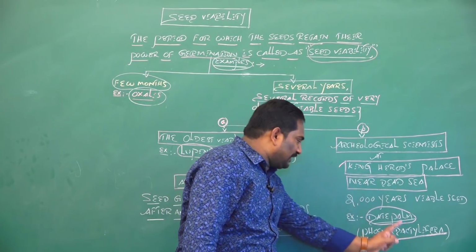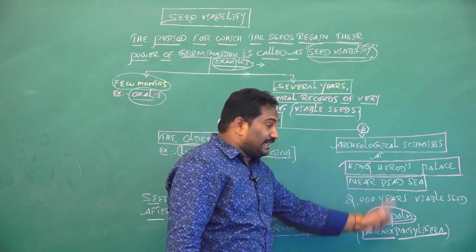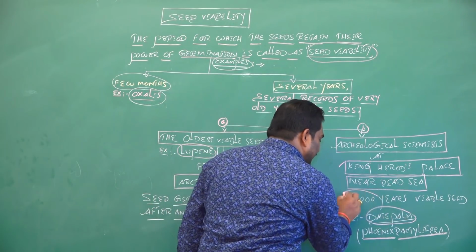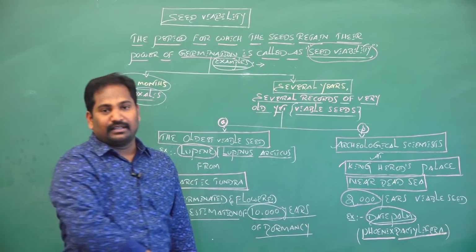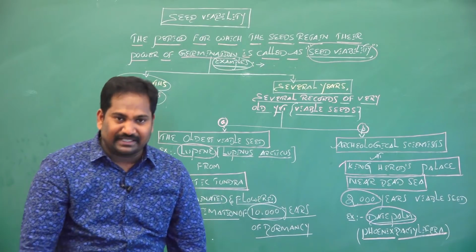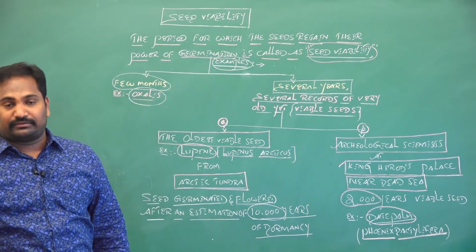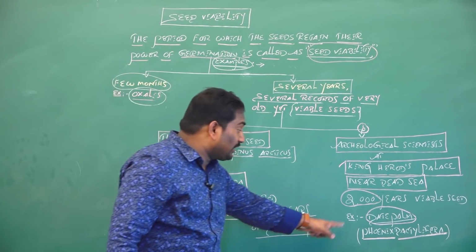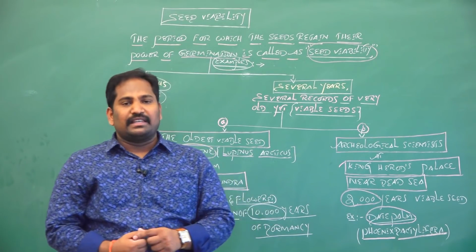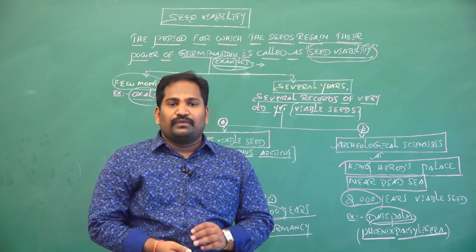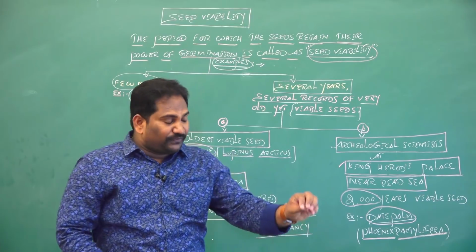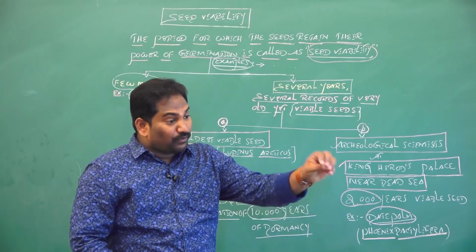It was identified recently and has a viability of 2000 years. Up to 2000 years it remains dormant, and then it will germinate. That is the viability of seed in date palm. The question asked in exams is entirely different: which of the following seeds is the oldest yet viable seed? Which of the following seeds is the oldest recorded seed?